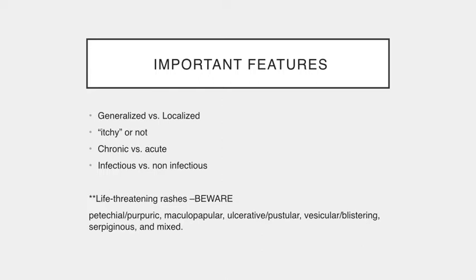So it's either going to fit into one of these categories: the petechial, that where there might be a macular papular rash, an ulcerative or pustule, vesicles, and then on from there. But the types of rashes, you will get more comfortable looking at them, and then that's how you'll determine and make your visual diagnoses.